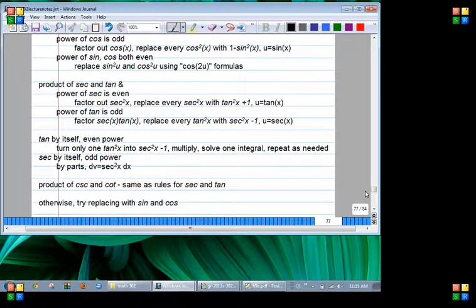Otherwise, try sine and cosine. Okay. And those are the techniques that we're learning today.